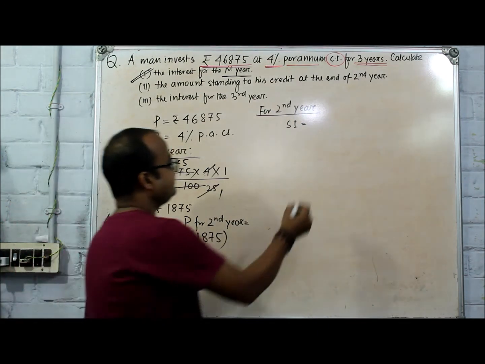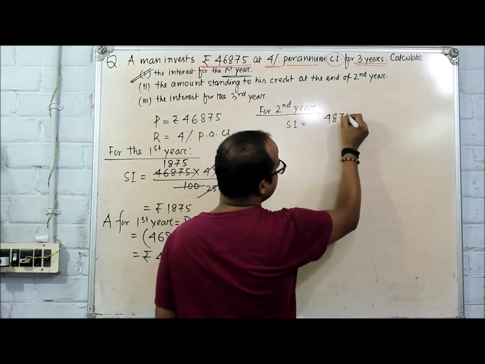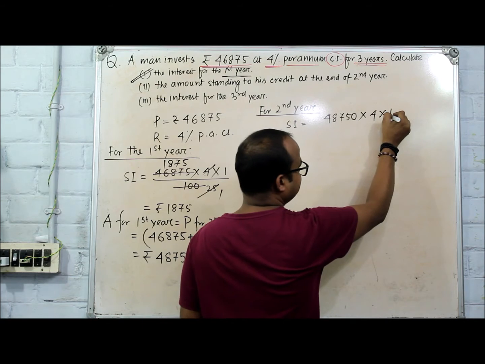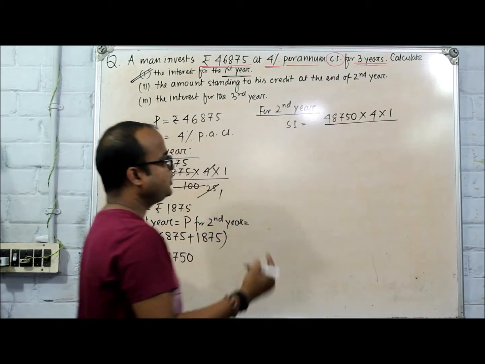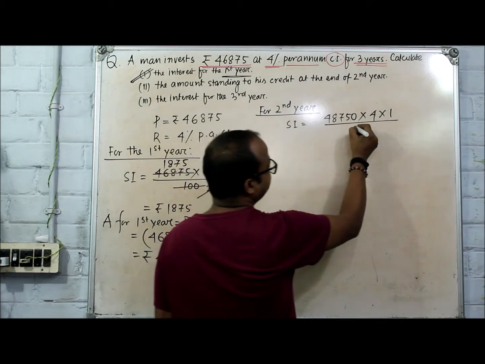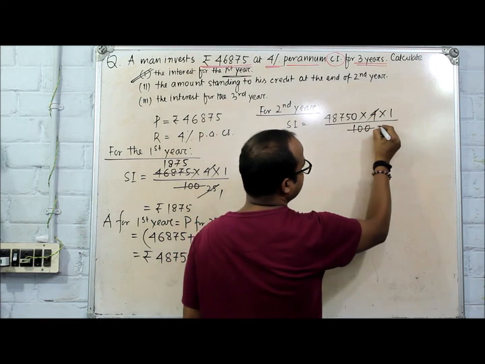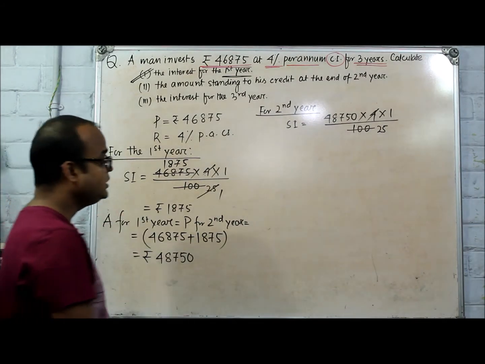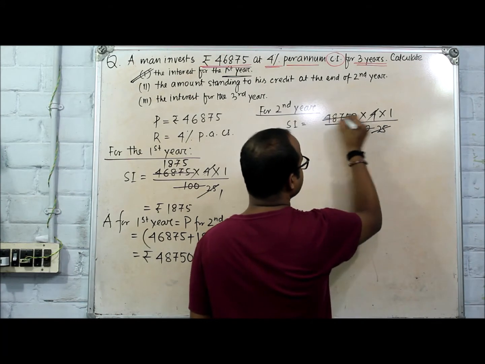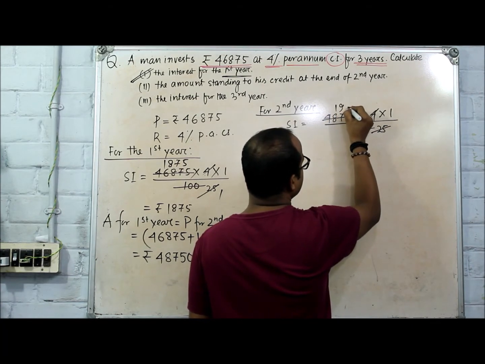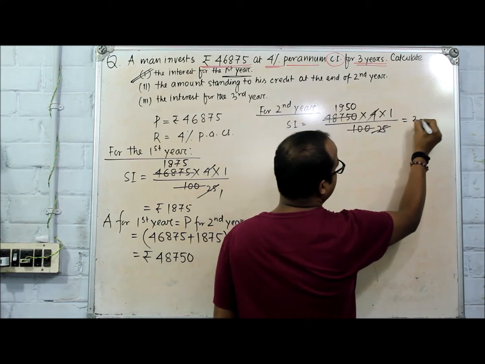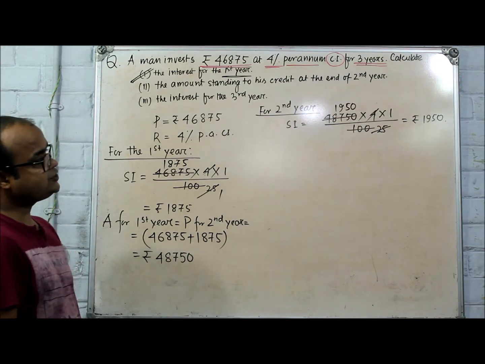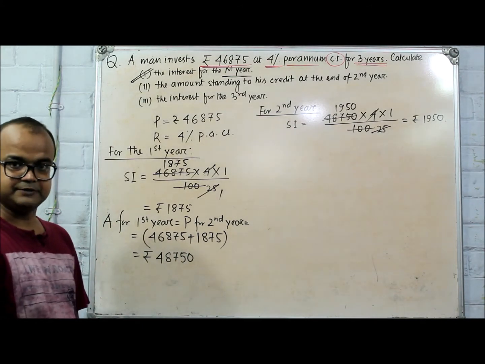So 48,750 is P multiplied by rate of interest 4, time 1, because it is compounded annually, divided by 100. 4 25s, if you cancel with 5 or 25, so at the end of second year, he gained an interest of rupees 1950.